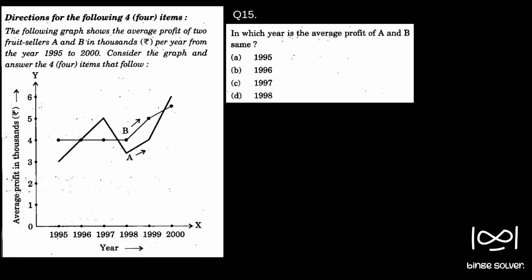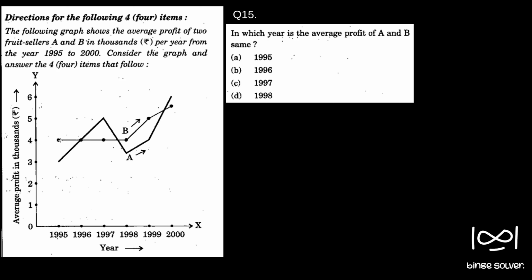The first question: in the x-axis the years are given, and in the y-axis the average profit in thousands is given. In which year is the average profit of A and B the same? For each year it is marked with a black dot for B, so it is easier to compare.